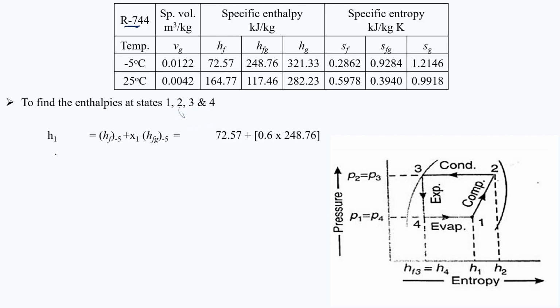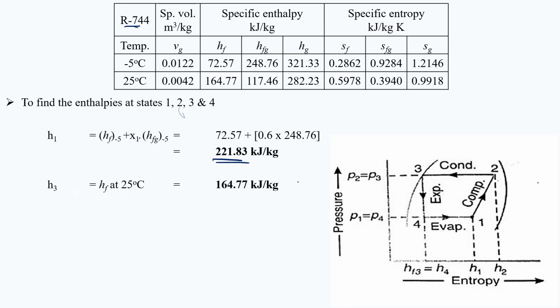Initially, we know the enthalpy at 1 is nothing but the enthalpy of fluid at -5, which is 72.57, plus x1, the dryness fraction at point 1, which is 0.6, into the latent heat corresponding to the evaporator temperature, that is Hfg at -5, 248.76, which upon calculation gives a value of around 221.83.